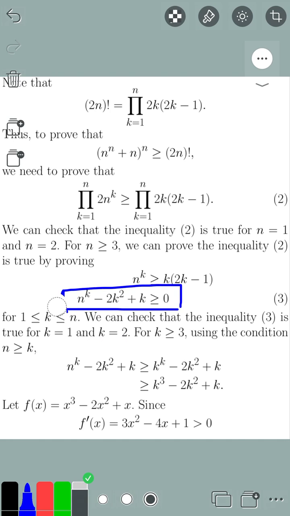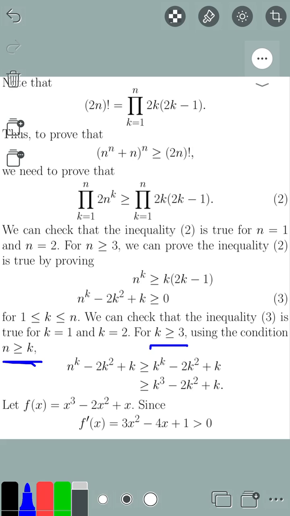So just check by hand the cases when k equals 1 and k equals 2, and for k larger than or equal to 3, we will use the condition that n is larger than or equal to k. We're using this condition because when k is larger than or equal to 3, n larger than or equal to k means n is larger than or equal to 3, which are the cases that we're dealing with.